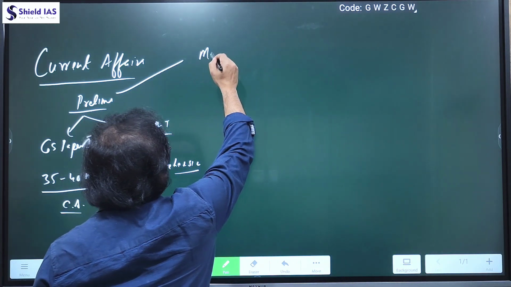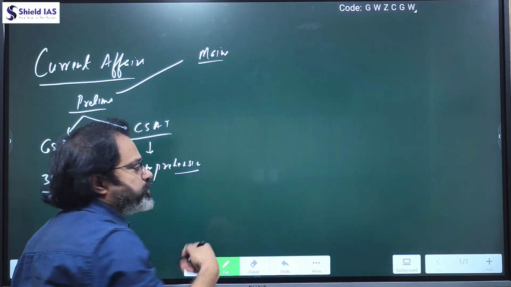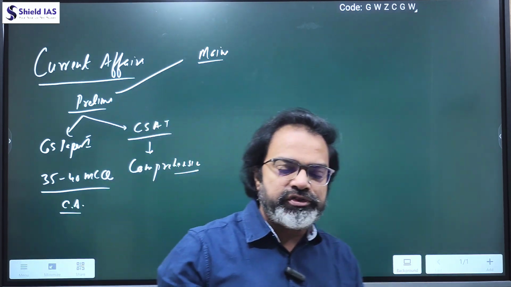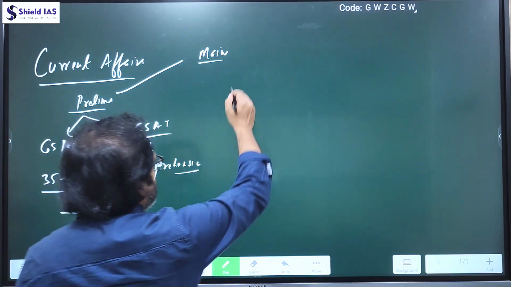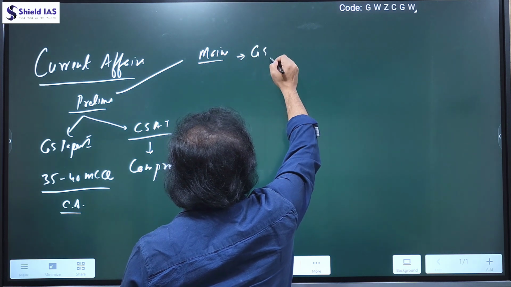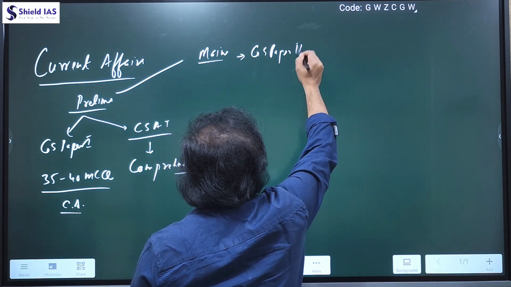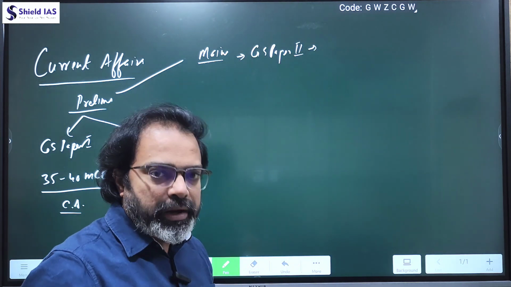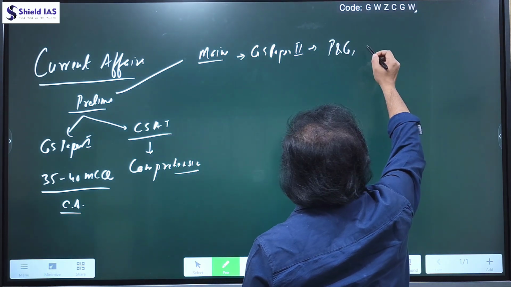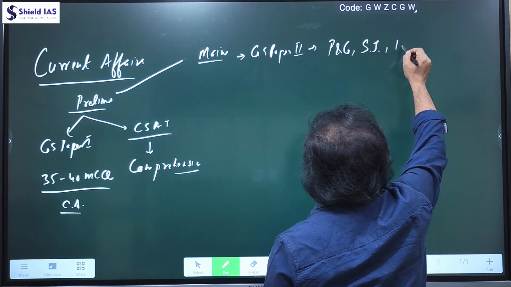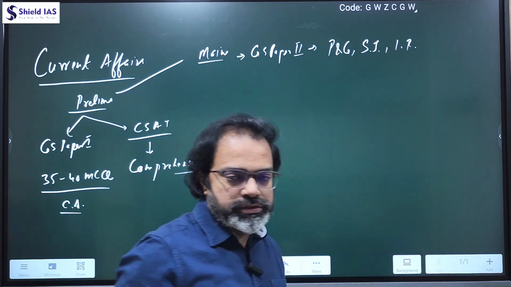Now let us talk about the mains examination. There are various portions across different GS papers which are impacted directly by current affairs. Let's start with GS paper 2. The portions directly impacted by current affairs are polity and governance, social justice and IR, international relations.